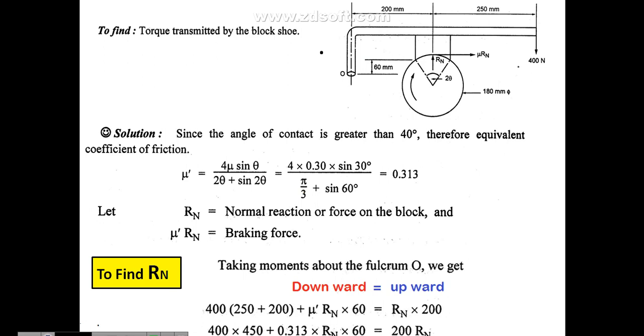So vertical force into horizontal distance: 400 into 250 plus 200 up to the fulcrum point O, plus mu dash Rn, that is the braking force acting downward, which you add with the 400 Newton. These things act downward. Then coming to the upward, you have the normal reaction Rn, vertical force into horizontal distance.